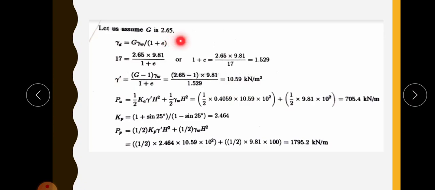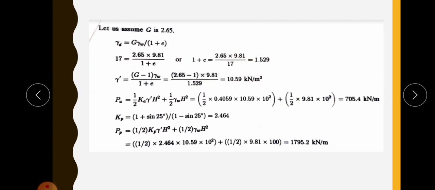You should know these basic equations by heart, especially the one relating dry unit weight and void ratio. This is how the submerged unit weight is obtained.